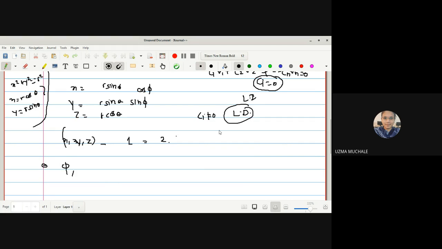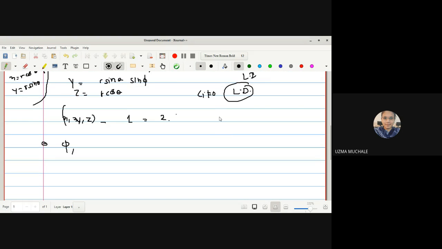Let us assume that we have a sphere. Let me draw it.